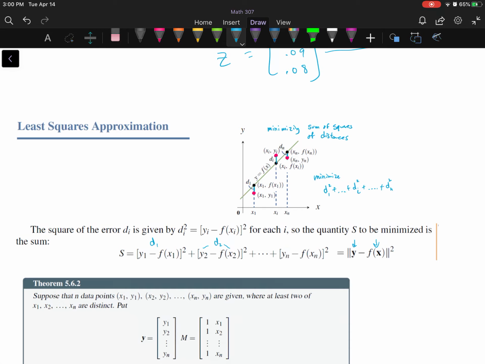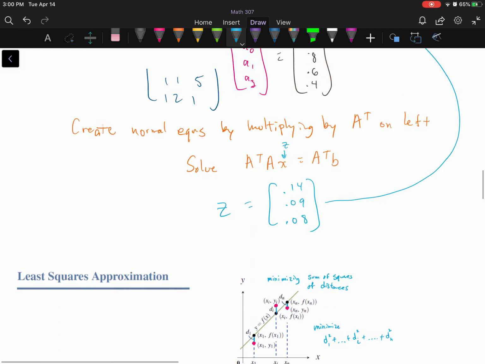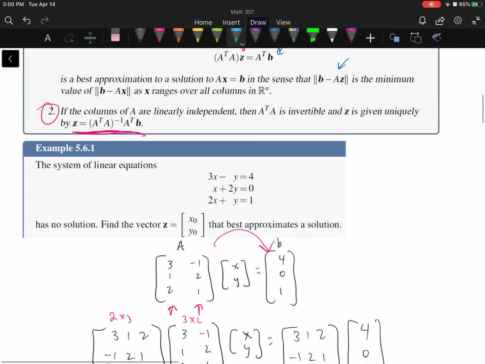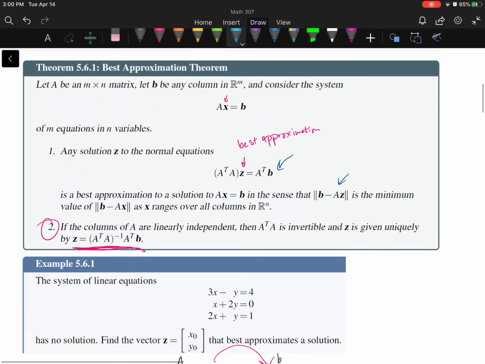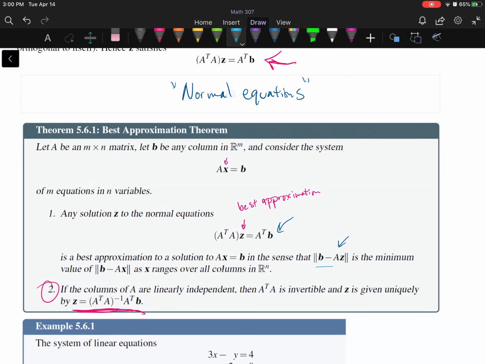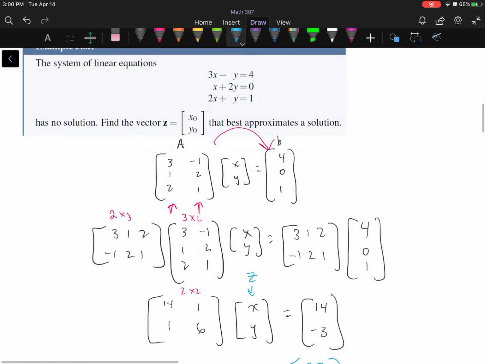And this kind of thing should look pretty familiar, because it's exactly the same kind of thing that we were trying to minimize earlier. We were trying to minimize the distance between a vector outside the column space and the column space.